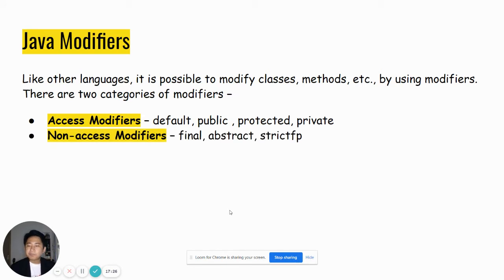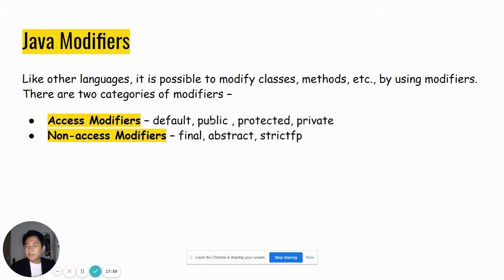The second type of modifier is final, abstract, and strictfp. So what is the difference between these two? Access modifier, from the word itself, access, means you can still access it. Let's say you named your modifier default or public, you can still access that.